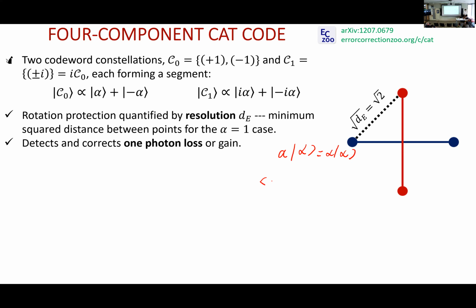So when you look at what happens in a constellation, up to some normalization stuff, this is the average over the constellation of a function of the constellation.